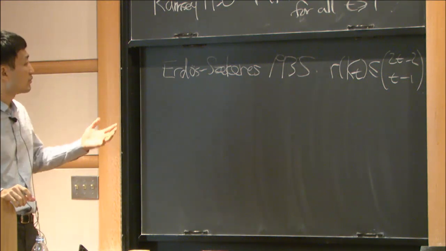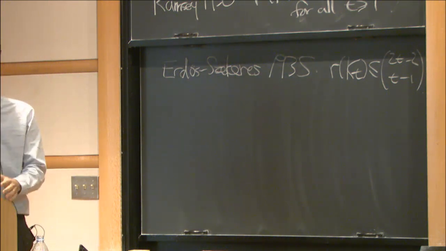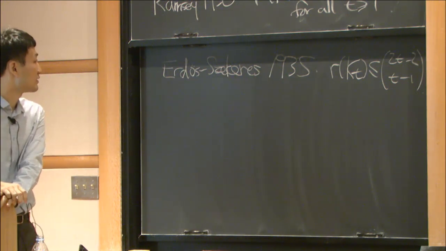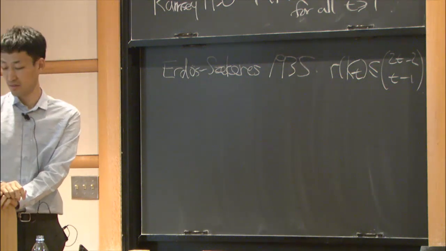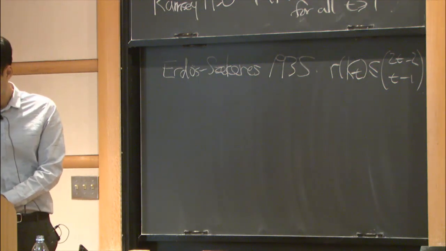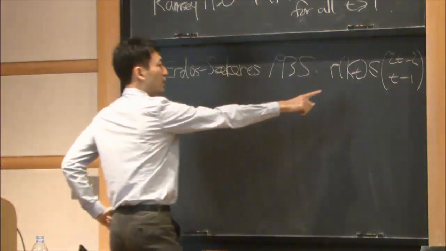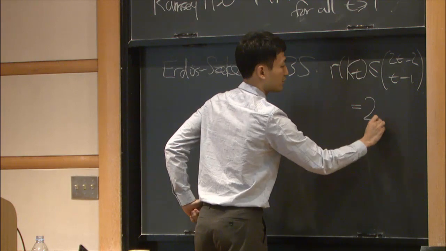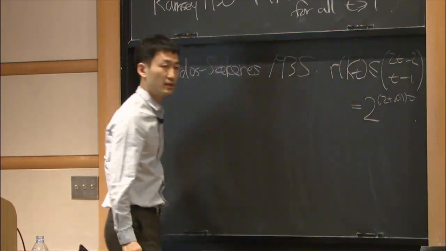Since then, it became really popular and people found more applications and a lot of variants, and now it's one of the most active areas of research in combinatorics, the whole field of Ramsey theory. So this bound is essentially 2 to the (2 plus little o of 1) t.